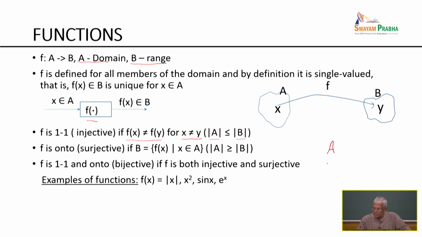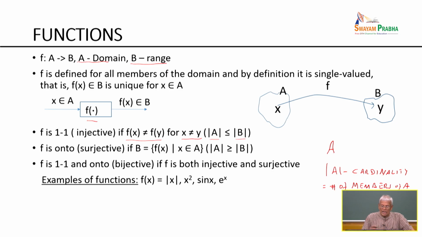And in here, this is called the cardinality of the set A. It represents the number of members of A. So the cardinality of A cannot be larger than the cardinality of B for function f to be injective or one-to-one. f is said to be surjective.